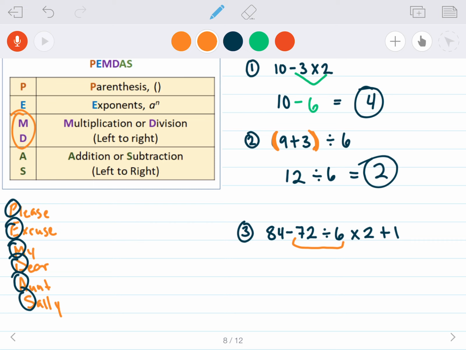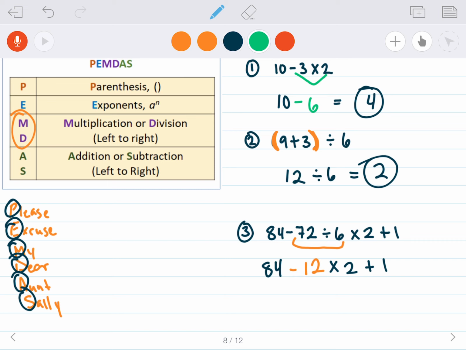We have negative 72 divided by positive 6, and that's going to give us a negative 12. So this is going to be 84 minus negative 12 times 2 plus 1.